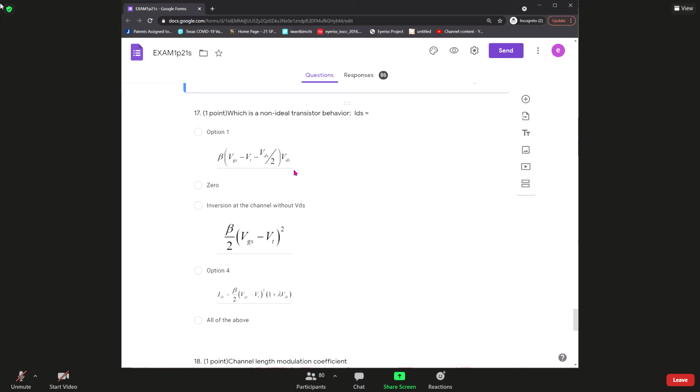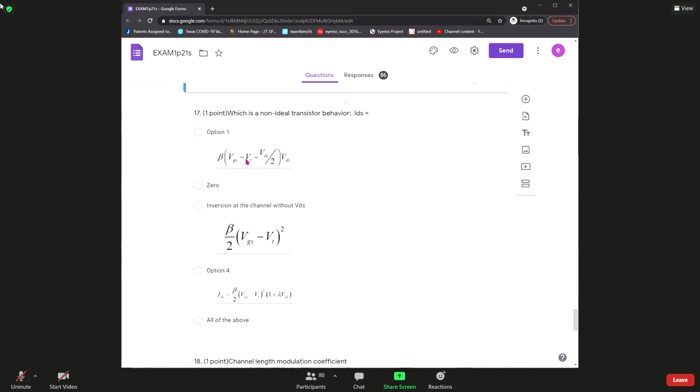Anybody try to remember? The current of a transistor in the region before saturation, right? Is this saturation? Before saturation, called the triode region, or I'm not sure what's the name.